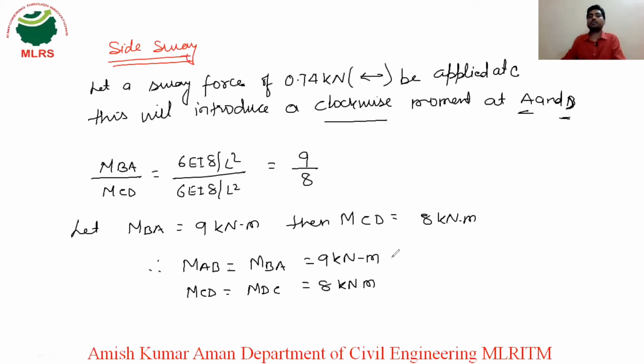If you compare this with the last problem, there I gave MAB equal to MBA but not MCD equal to MDC. Someone asked a doubt about this, so I explained earlier that it was because that support was hinged. Here it is a fixed support, so MCD is equal to MDC, equal to 8 kilonewton meter. So we got these moments.